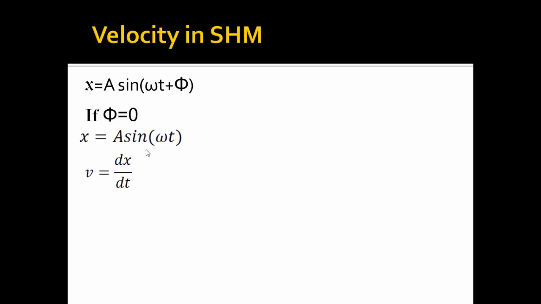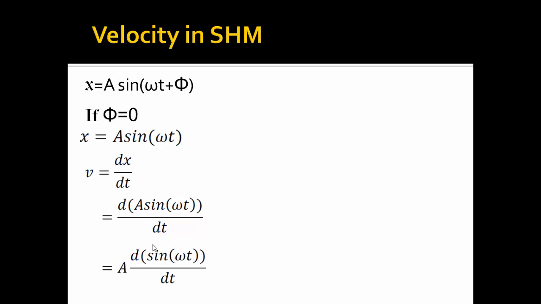Velocity is the rate of change of displacement. So differentiating x, we get d(a sin omega t)/dt. Since a is a constant, we take it out. Now a as it is, differentiation of sin omega t will be cos omega t, and applying the chain rule, we have to apply the differentiation to the variable inside the bracket, omega t.